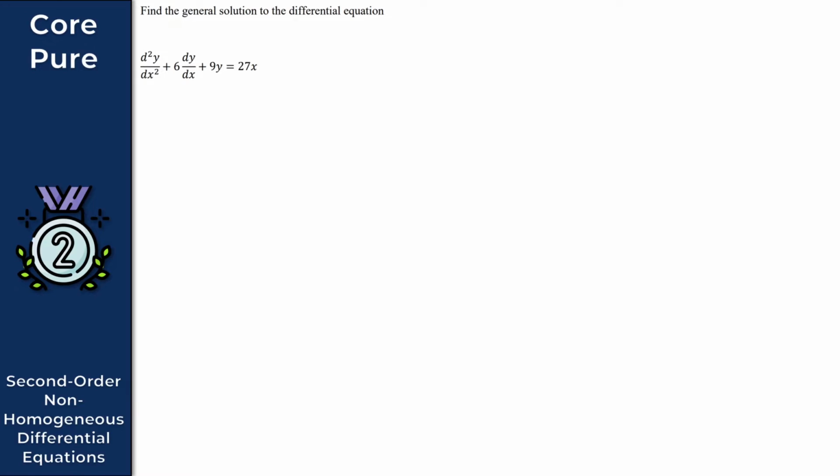Let's have a go at this one practice question for second order non-homogeneous differential equations. A bit of a mouthful there, but we got there. All I want to do here is solve this differential equation. We want to find the general solution. As I can see straight away, this is a second order non-homogeneous differential equation where f of x is equal to 27x. So let's make a note.